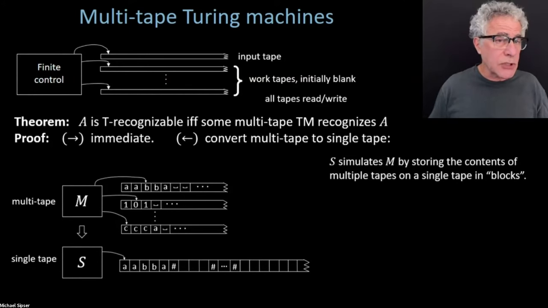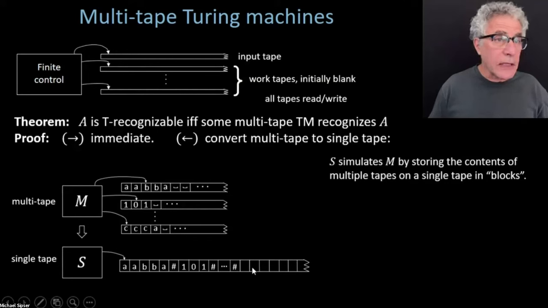Obviously, the single tape Turing machine doesn't have any direct access to the multi-tape machine, but it's going to be simulating it. So this is how we're showing the data is stored on the single tape machine's tape. In the second block, it's going to have the contents of the second tape of the multi-tape machine.